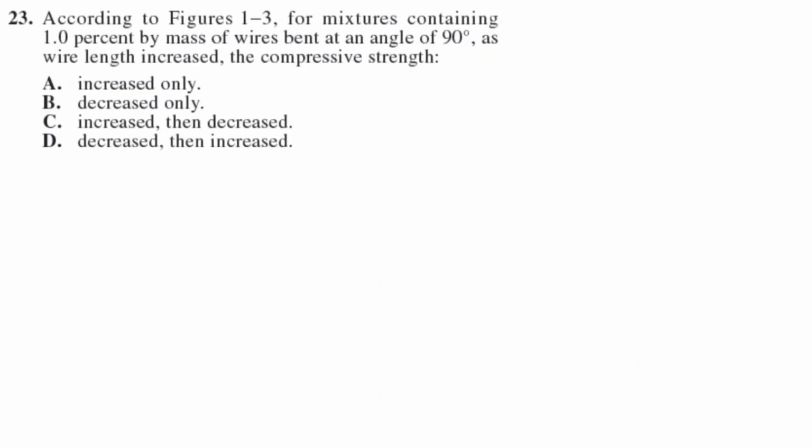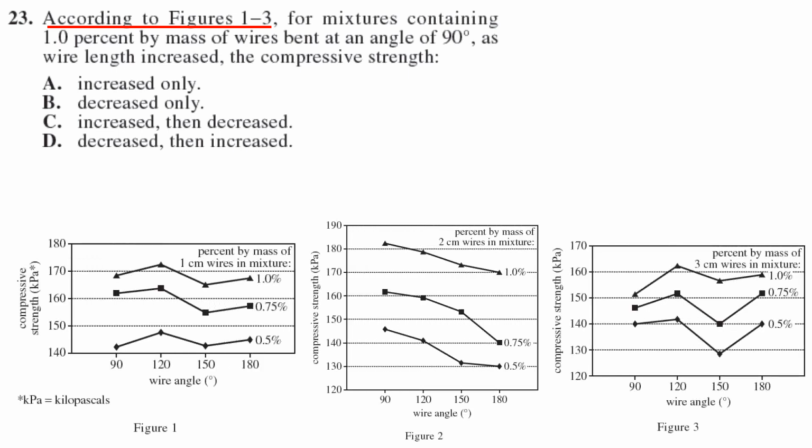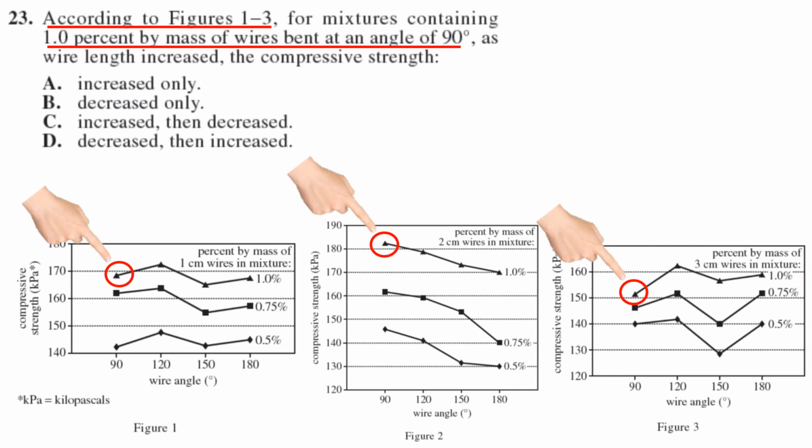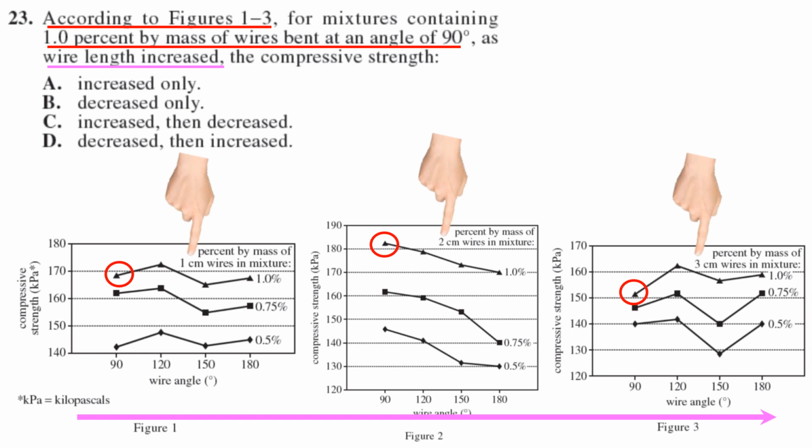Number 23, according to figures 1 to 3, for mixtures containing 1% by mass of wires bent at an angle of 90 degrees. So that's very specific spots. We have the triangle, 1%, and 90 degrees. As wire length increased, so we see the wire length here, 1 centimeter, 2 centimeter, 3 centimeters, and I just drew an arrow at the bottom to show increasing.